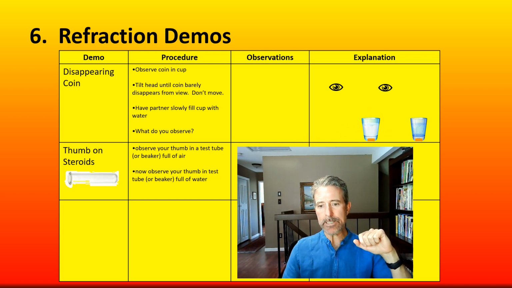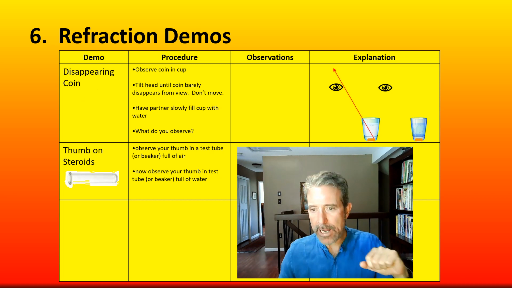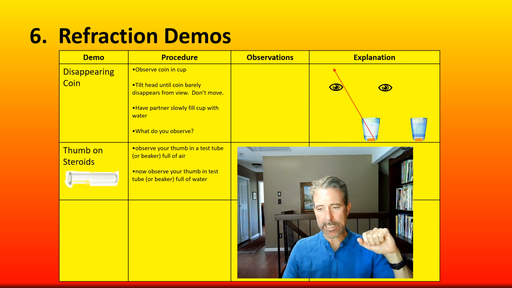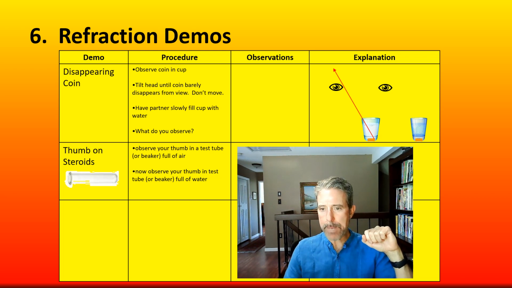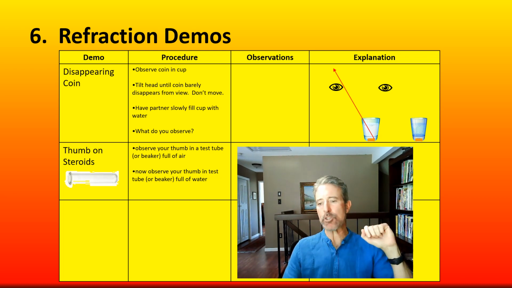And when we look at an example of a light ray that leaves the very far side of that coin, that light ray, which is traveling exclusively through air and barely misses the side of the cup, barely misses your eye, which makes that part of the coin undetectable to your eye.